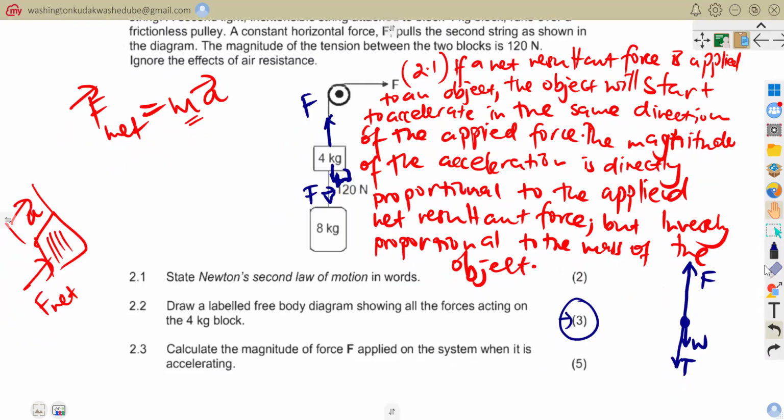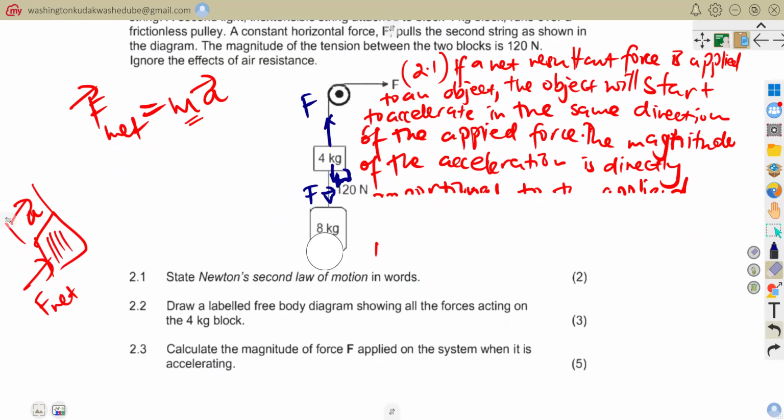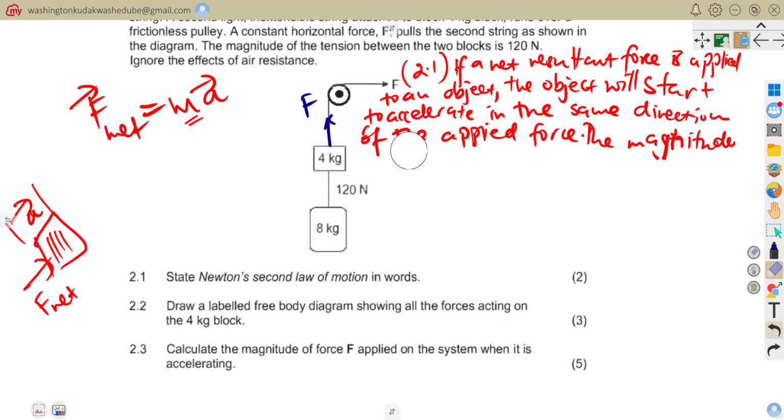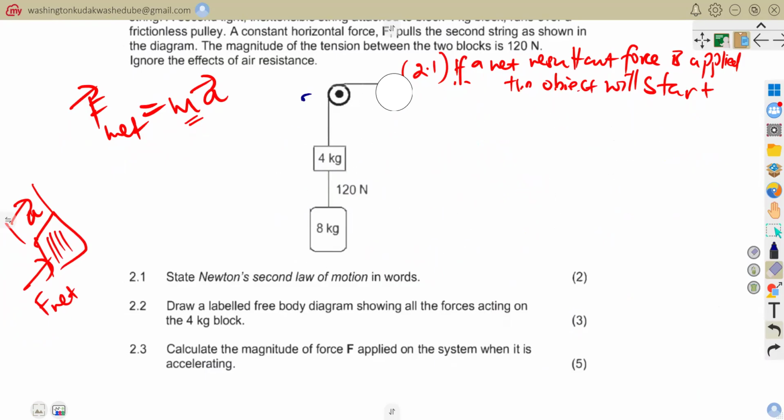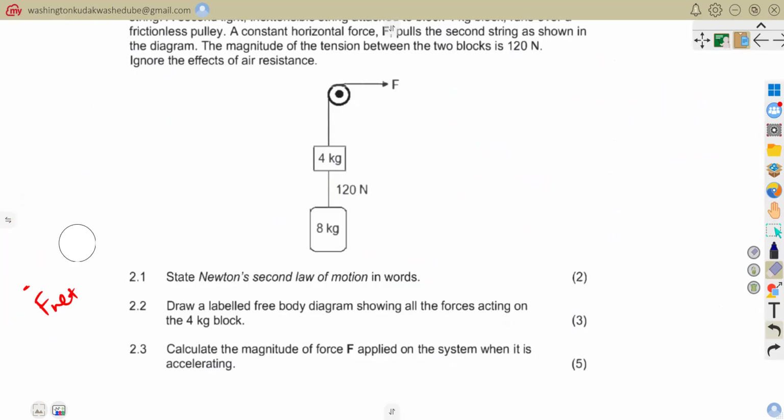Now, for us to find that force that is applied, which is F here, I want us to adopt a certain system. So allow me to rub here so that I can write down. I want us to use the diagram, hence I'm rubbing so that we can be near the diagram.